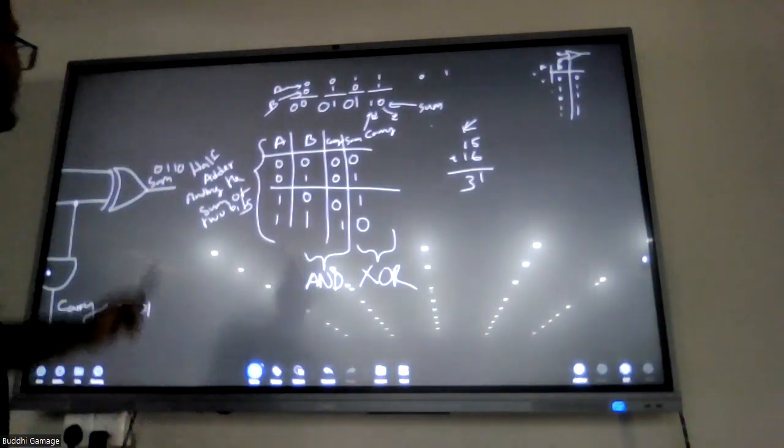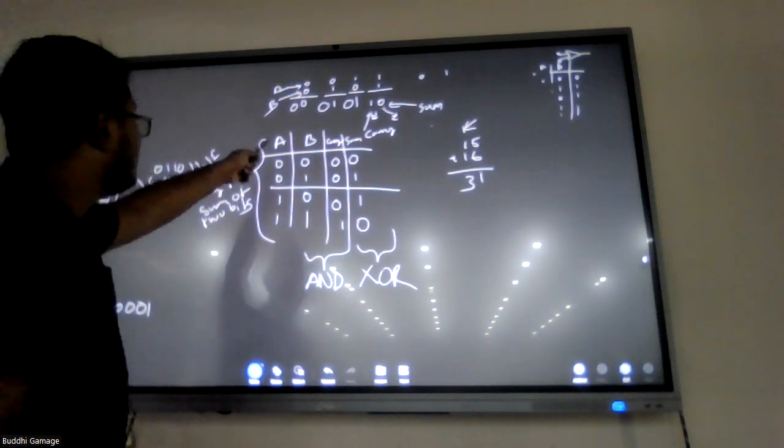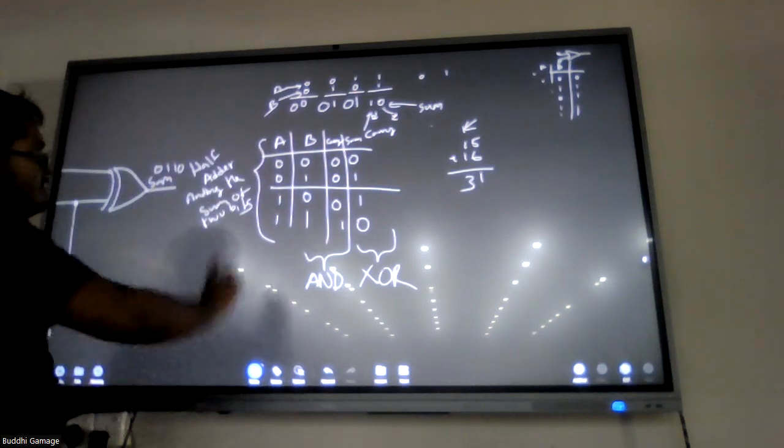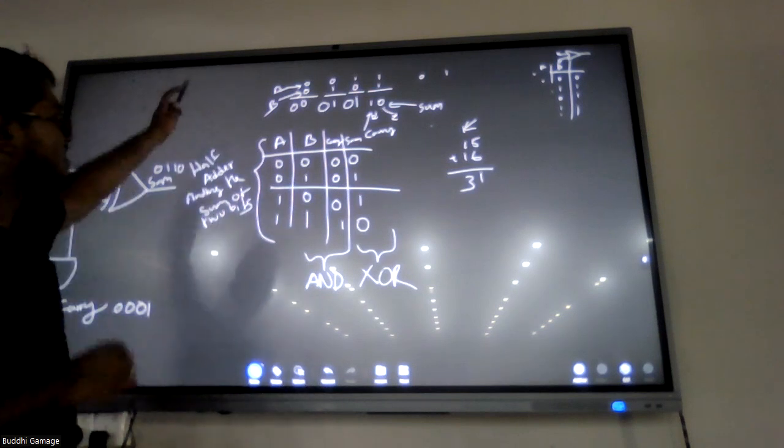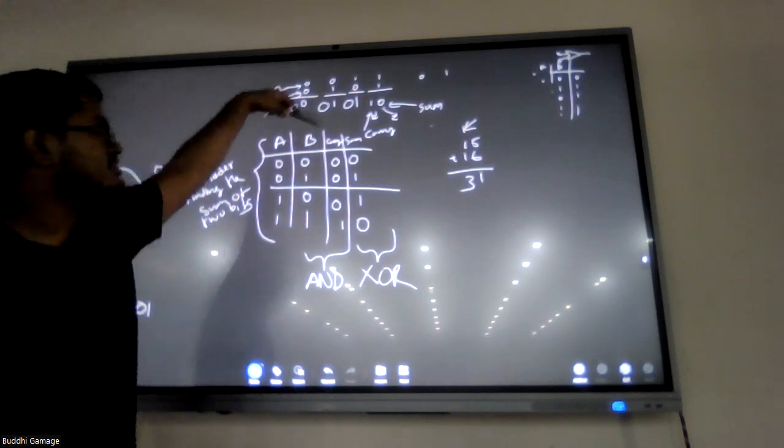So here our inputs are A, B. Our problem was initially adding these: 0, 0, 0, 1, 1, 0, 1, 1.